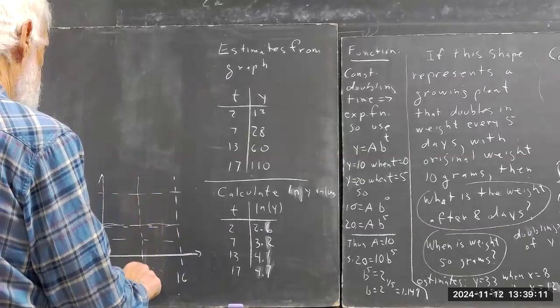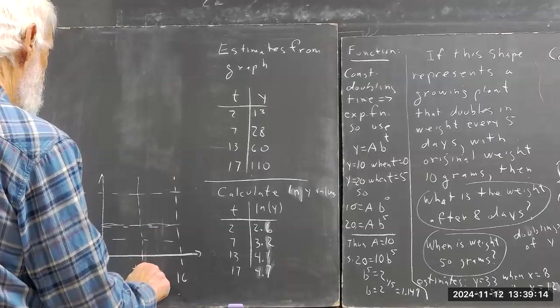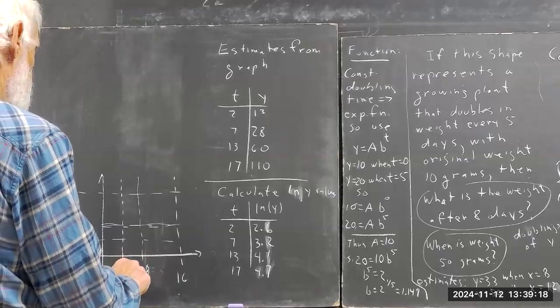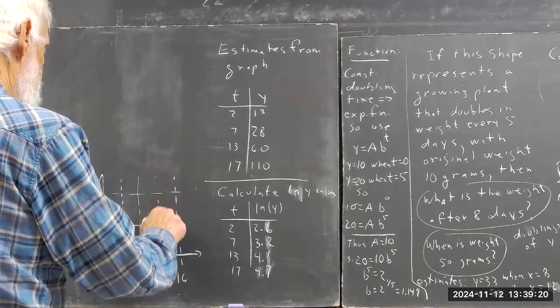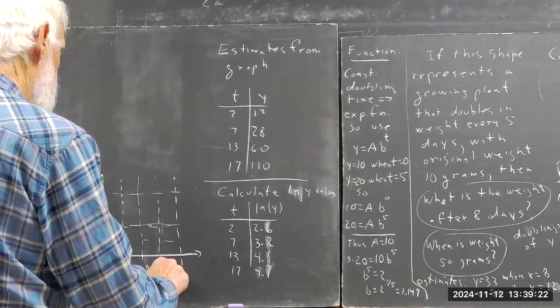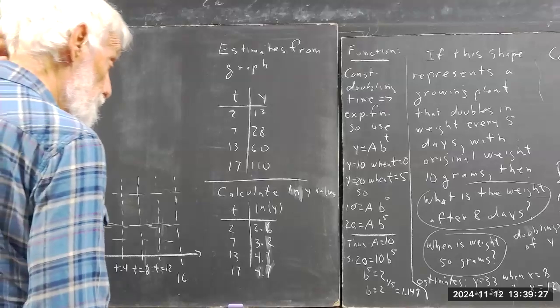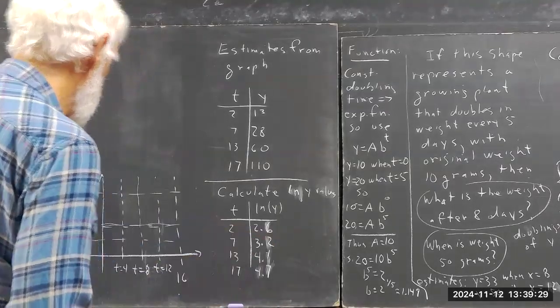If I cut this in half, I get t equals 8. Cut this in half, I get t equals 4. Cut this in half, I get t equals 12. And now to plot my points, 2, 2.6.